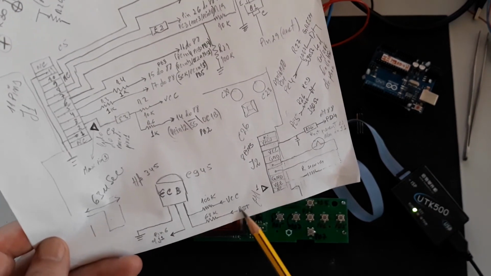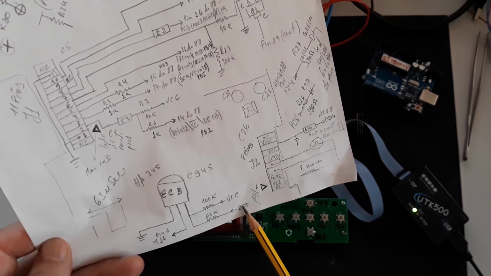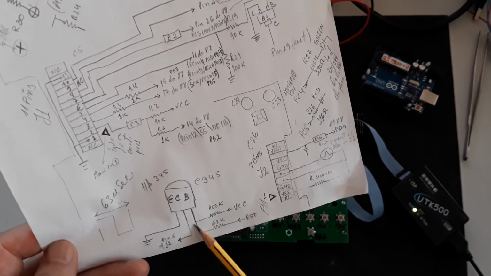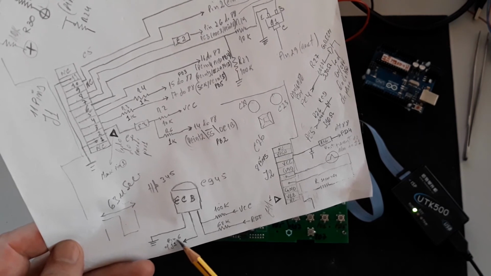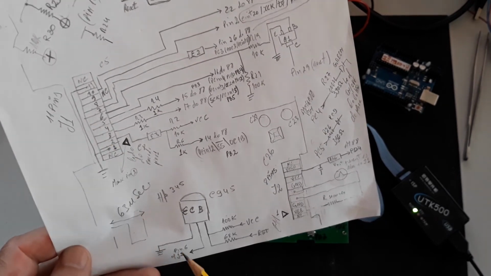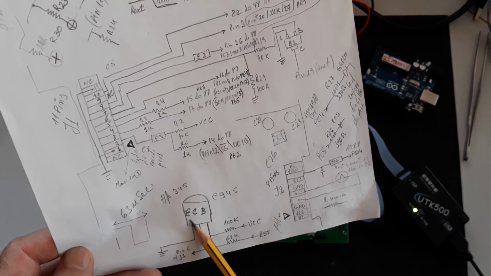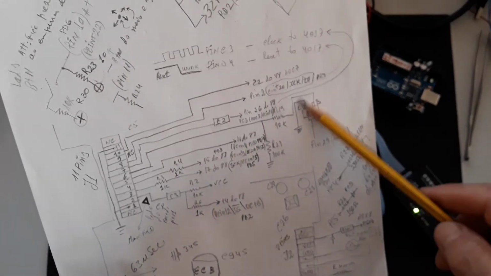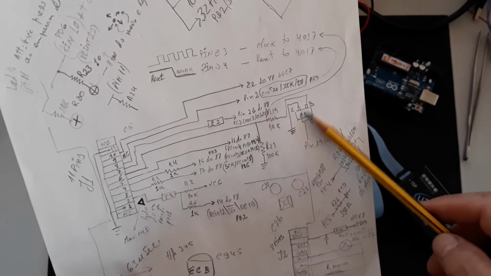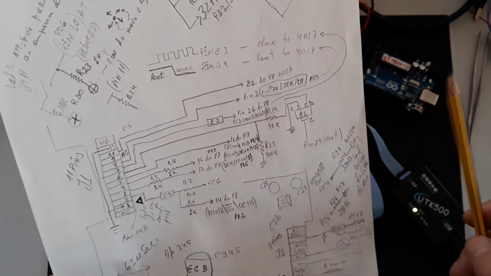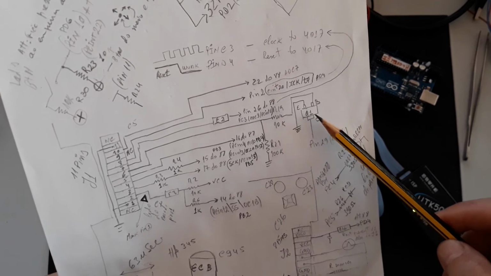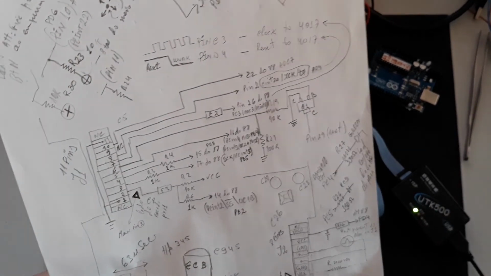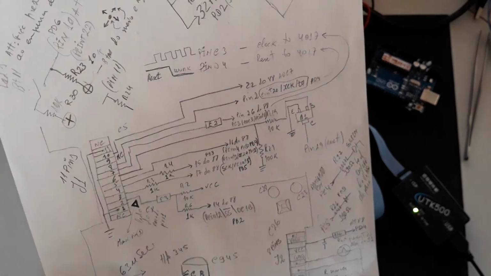You need to receive the reset signal here, polarize the base of the transistor, the collector will go to pin 6 of the connector J1, and the emitter goes to the GND, okay? This is necessary because inside of the board, I already talked about this in another video related to this board, you have the Q1, and the Q1 makes the inversion of the reset signal to pin 29 of the processor, okay?